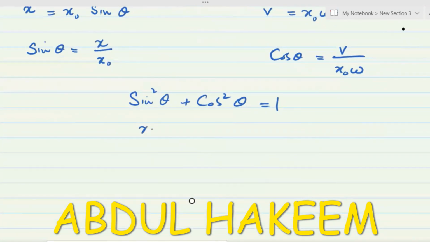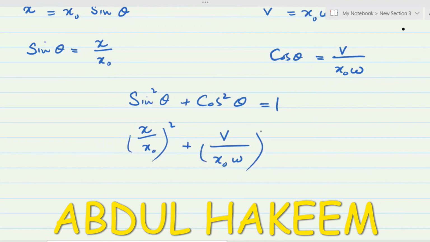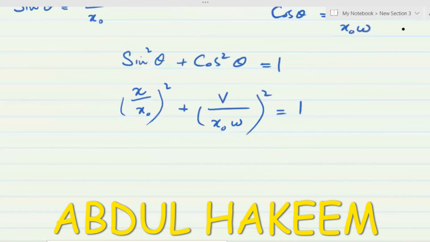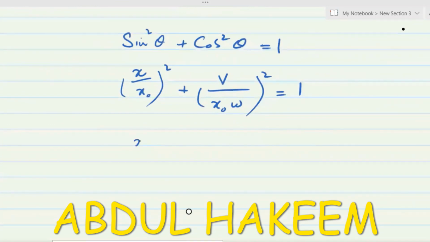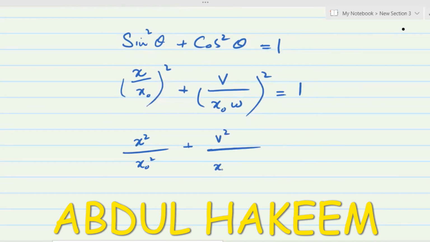So it is x over x naught, whole square, plus v over x naught omega, whole square, is equal to 1. Now open the square. So x square over x naught square, plus v square over x naught square omega square, is equal to 1.